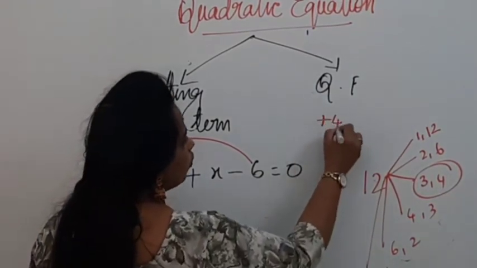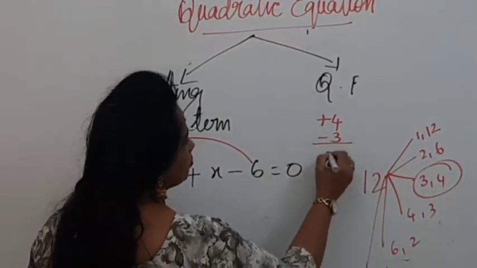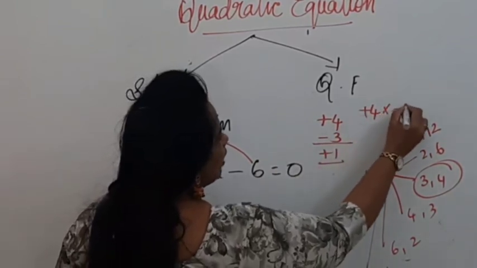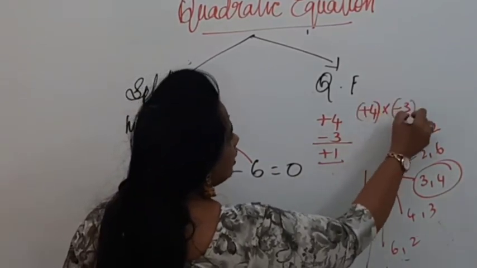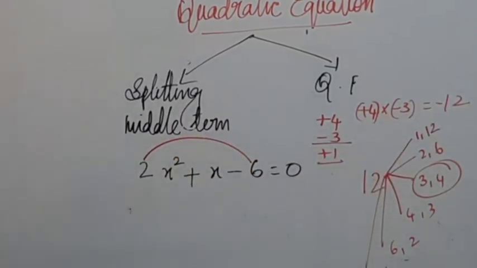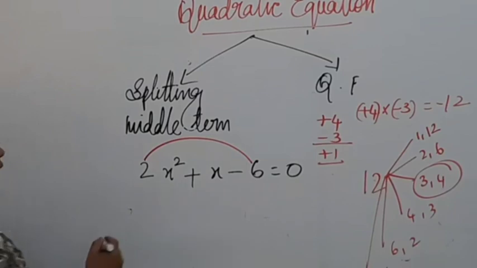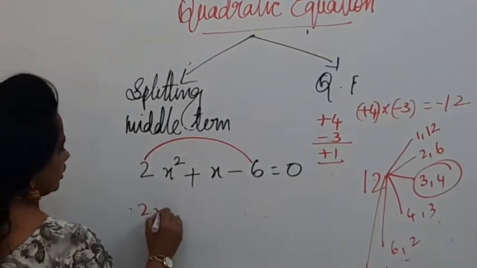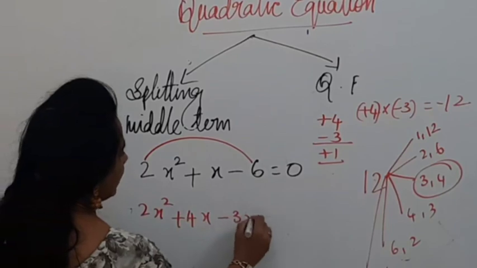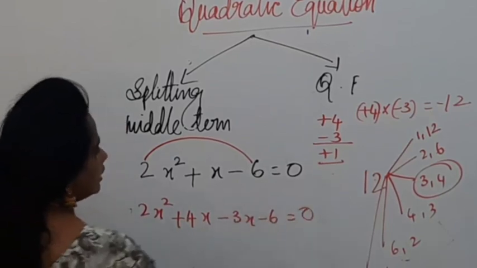So plus 4 minus 3, I get plus 1, and plus 4 into minus 3, I have minus 12. You should get 12, not 6. So I write 2x squared plus 4x minus 3x minus 6 is equal to 0.